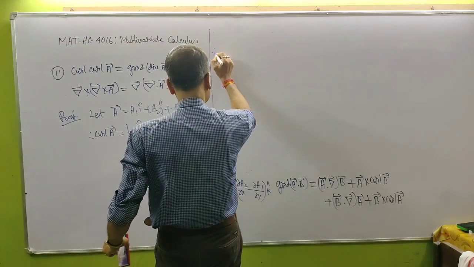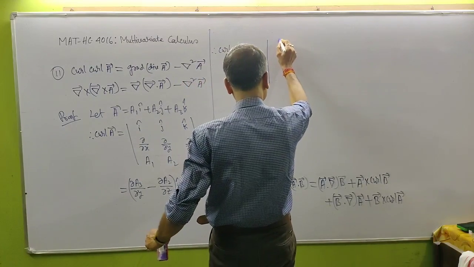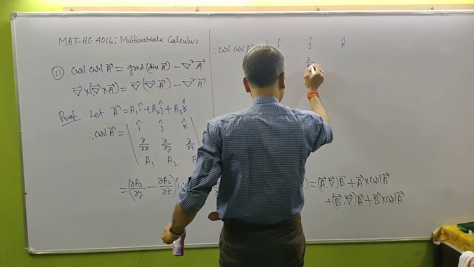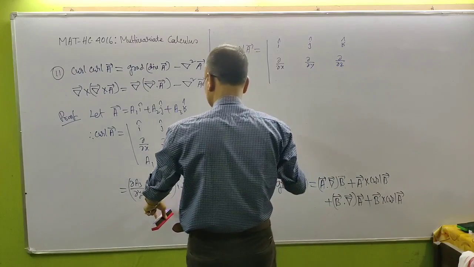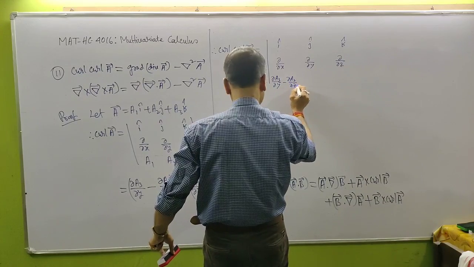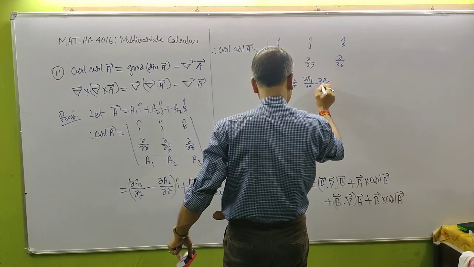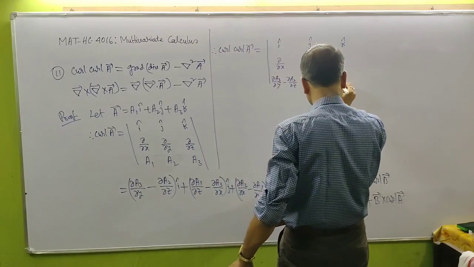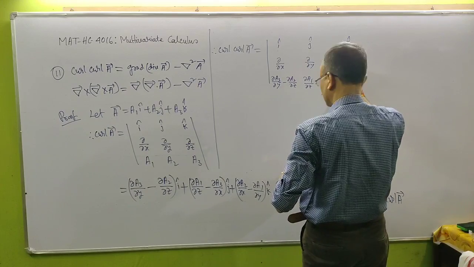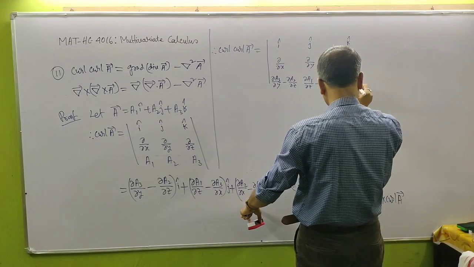Now curl of curl of A vector equals, again you may write like this: i cap, j cap and k cap; del x, del y, del z; del A3 by del y minus del A2 by del z, del A1 by del z minus del A3 by del x, and del A2 by del x minus del A1 by del y.